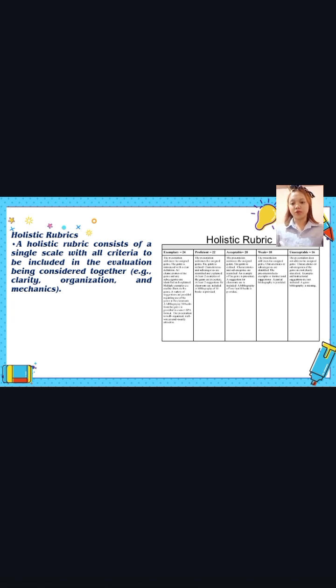And the next one is the holistic rubric. So, with a holistic rubric, the rater assigns a single score, usually on a 1 to 4 or 1 to 6 point scale, based on an overall judgment of the student's work. The rater matches an entire piece of student work to a single description on the scale.